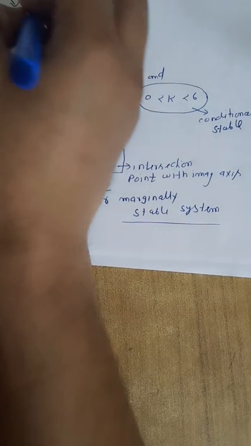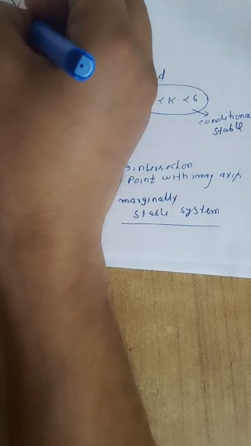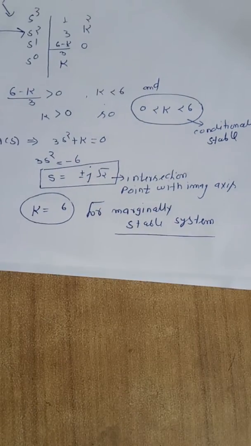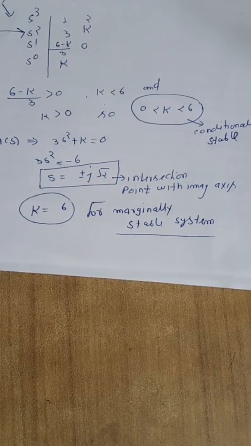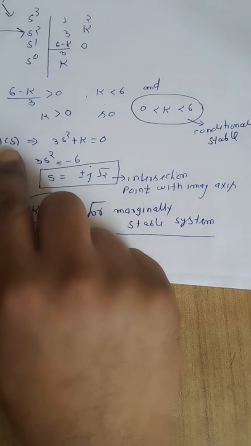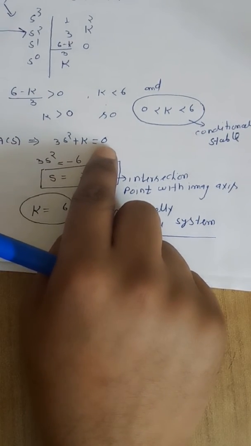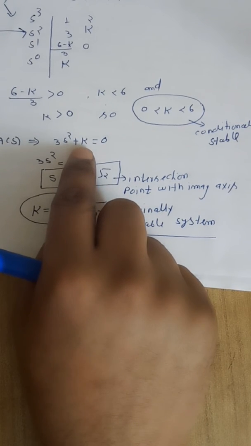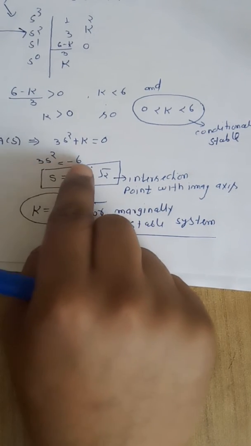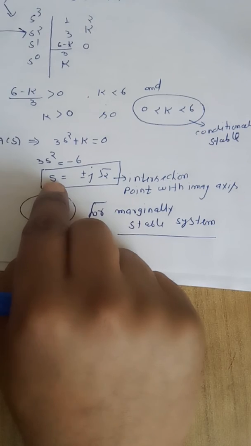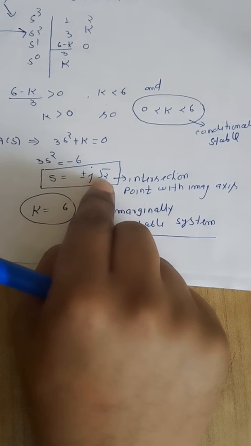So we can define the auxiliary equation from the previous row, or from the row s to the power 2. So we have the auxiliary equation 3s square plus k equal to 0. Put the value of k. So we have 3s square equal to minus 6. We have s equal to plus minus j root 2.